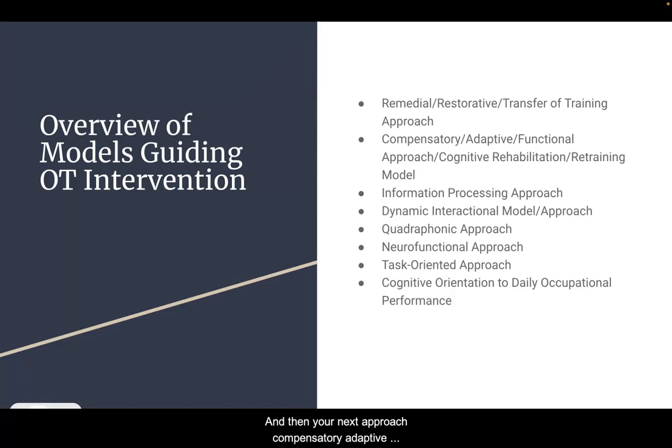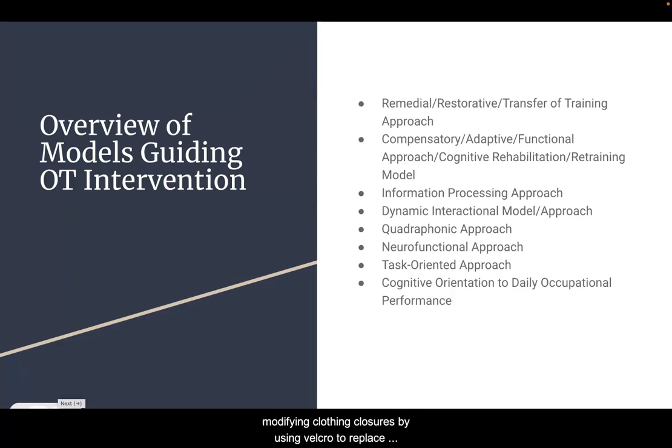Your next approach is the compensatory, adaptive, functional approach, cognitive rehabilitation, retraining. This one involves repetitive practice of functional tasks, doing the functional task again and again to develop the appropriate pattern. It also emphasizes modification.